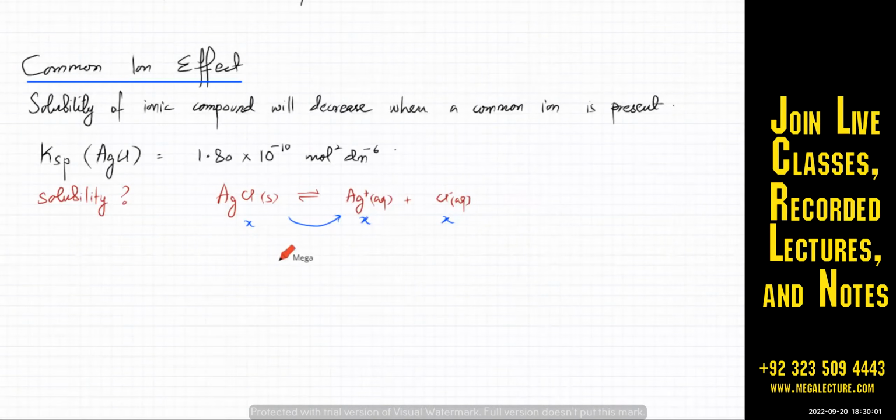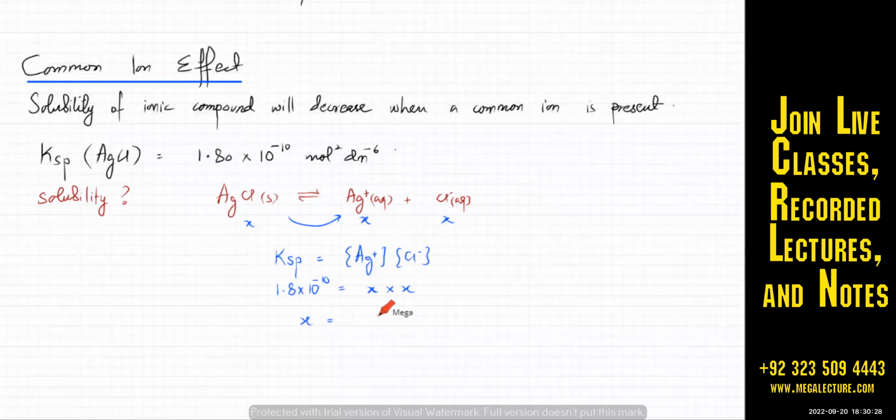And your Ksp expression, that's going to be what? Silver ion concentration times Cl minus concentration. So it's going to be 1.8 times 10 to the power minus 10, which is equal to X times X, that's X squared. So what is the value of X?